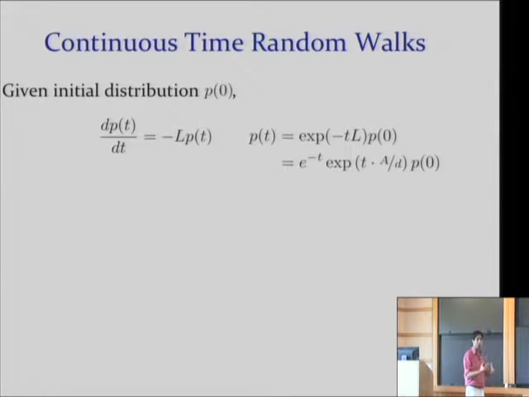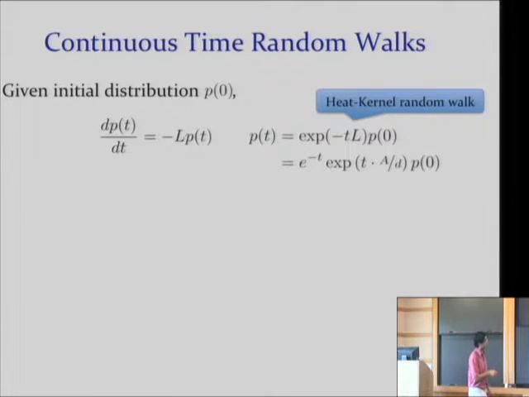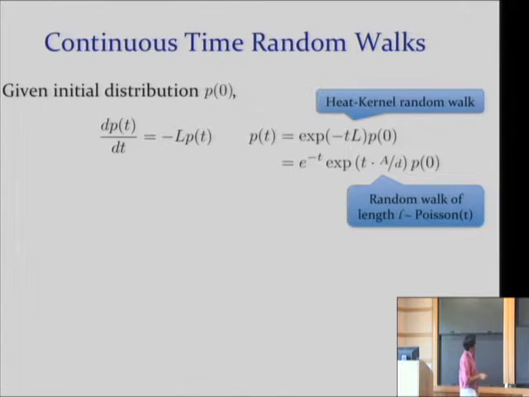If I let the random walk run for time t, it means that my transition matrix is exponential of minus tL, where L is the Laplacian of your graph, t is the time you let the random walk run for, and these are called heat-kernel random walks in the literature. To convince you it's actually a random walk, pick a variable as a Poisson variable with mean t, and let that be the length of your random walk. The transition matrix that you get will exactly be this transition matrix for the continuous time random walk.